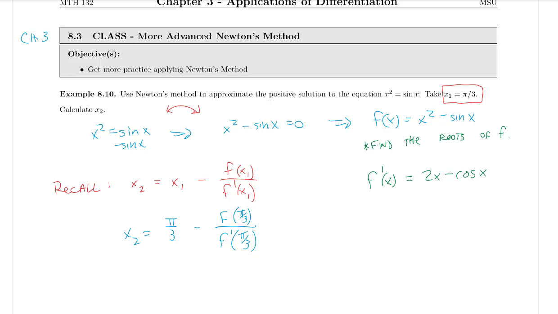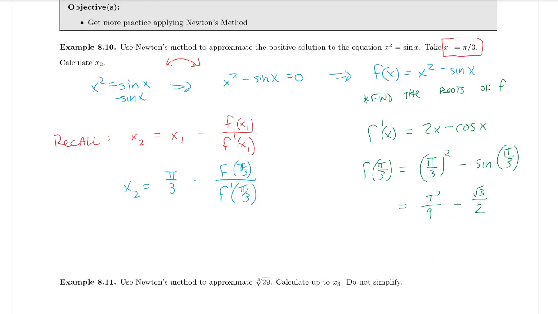And now let's evaluate f of pi over 3 by plugging into the original function. So we get pi over 3 squared minus sine of pi over 3. If we simplify this, we get pi squared over 9 minus root 3 over 2. Not a super nice answer. And then if we calculate f prime of pi over 3, we get 2 times pi over 3 minus cosine of pi over 3.